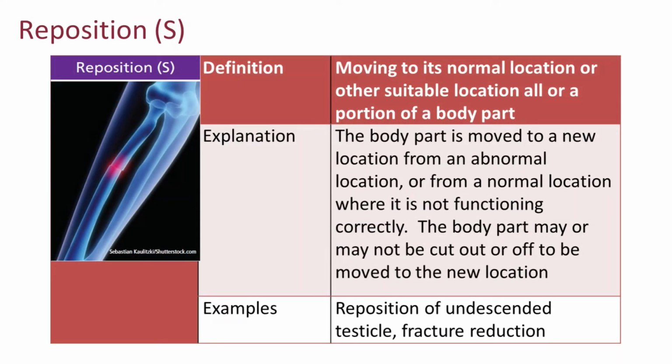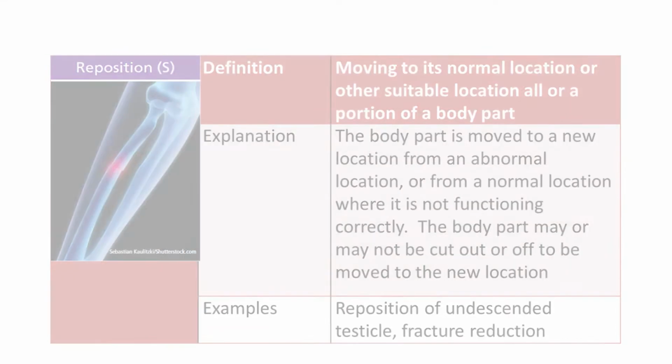Now, the root operation reposition. The definition is moving to its normal location or other suitable location, all or a portion of a body part. That's the definition of reposition. Now the body part is moved to a new location from an abnormal location where it is not functioning properly.